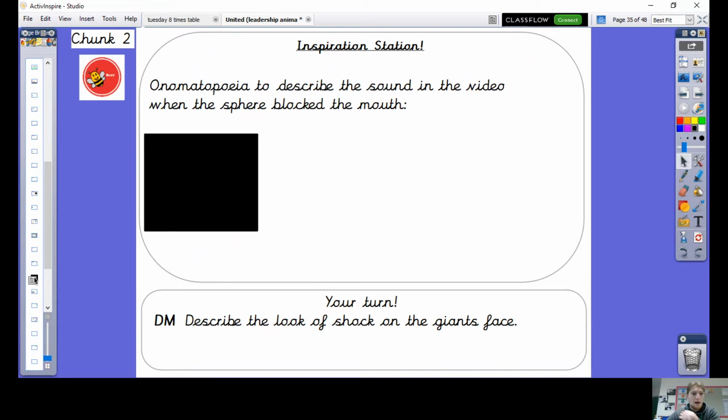Okay, right. Let's move on to chunk 2 then. So this is a bit more of a fun one now. We are going to be coming up with a few onomatopoeia words to describe the sound of the sphere blocking the mouth of the anteater. To help us with this, I was going to play the really small clip of the anteater sucking the ball of ants up, just so we can hear the sound.